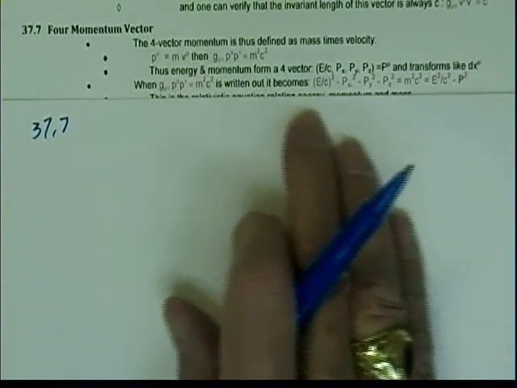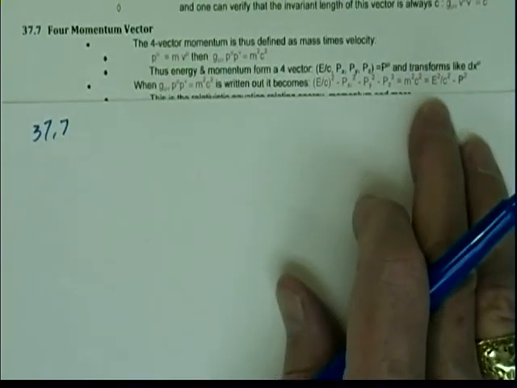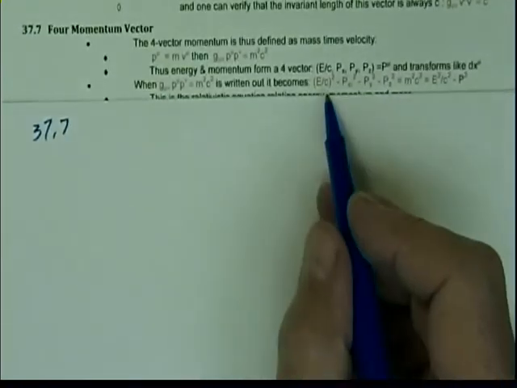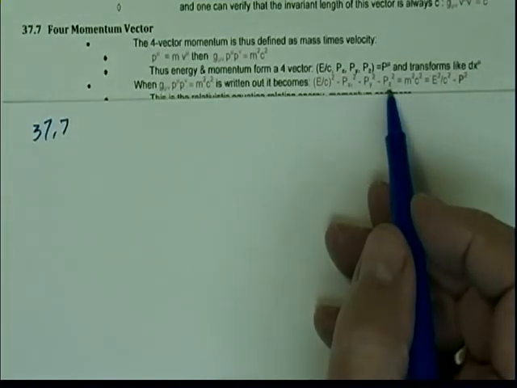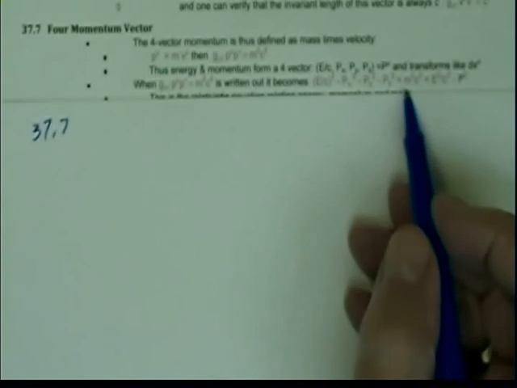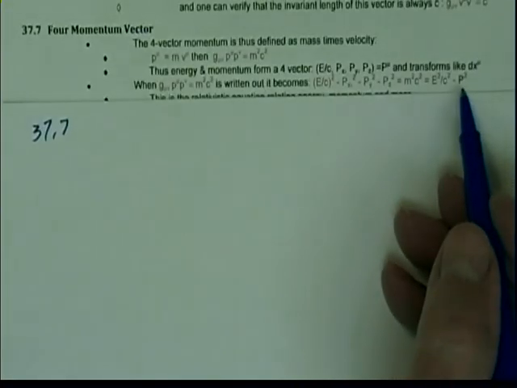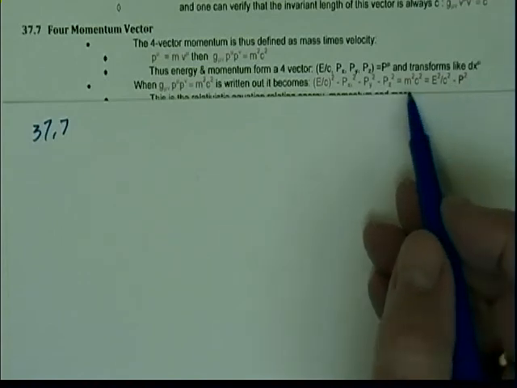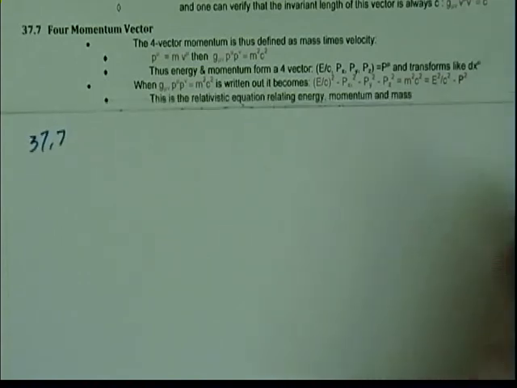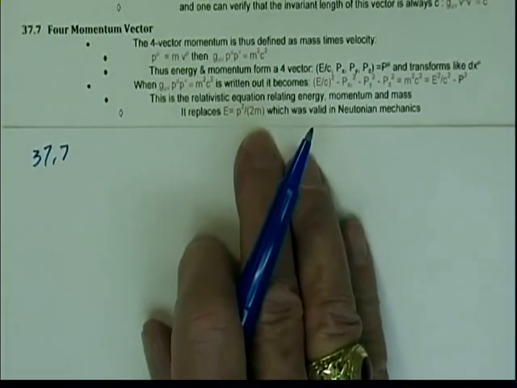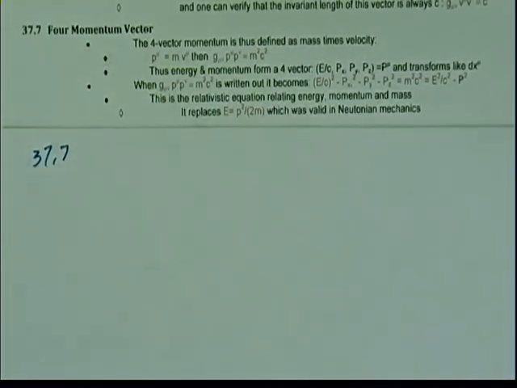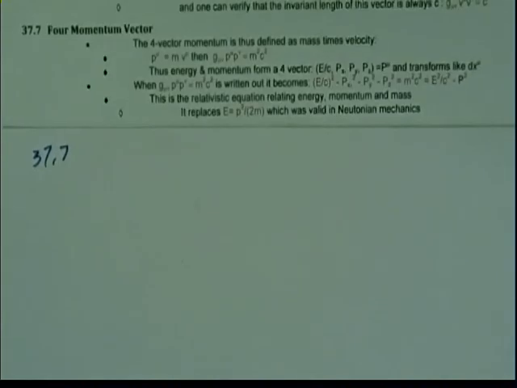And so we write the energy out exactly as before, and therefore by doing this we can see that E squared minus px squared, or minus p squared in general, is equal to m squared c squared, or this equation here, which we were previously studying for the relationship between mass and energy and momentum. That replaces our E is equal to p squared over 2m, which is valid in Newtonian mechanics.